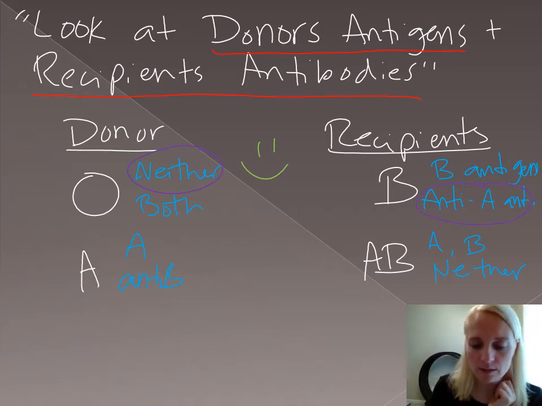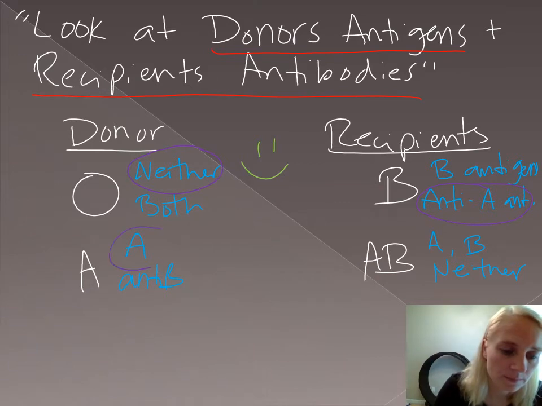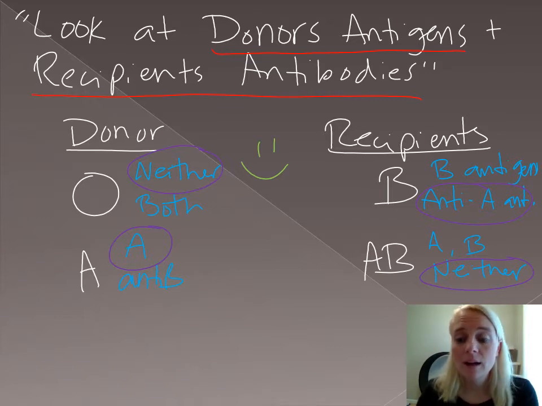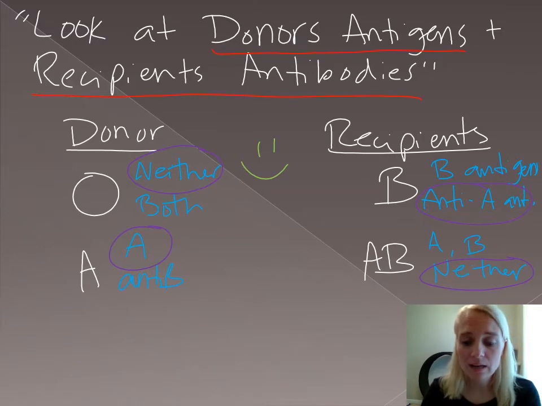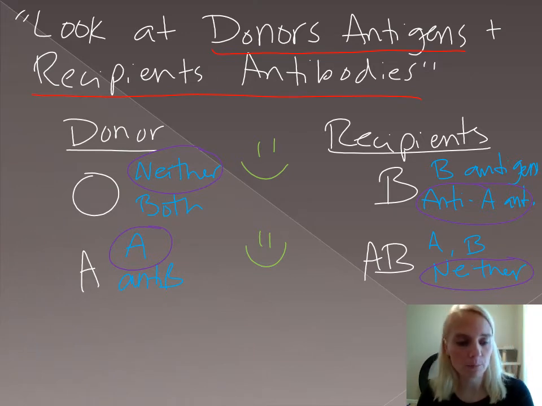All right, so let's follow our rule. Look at the donor's antigens and the recipient's antibodies. Here's another case where the recipient doesn't have any antibodies to recognize any of the A antigens coming in. That's fine. Okay, let's do one more and then we'll add another layer of complexity.